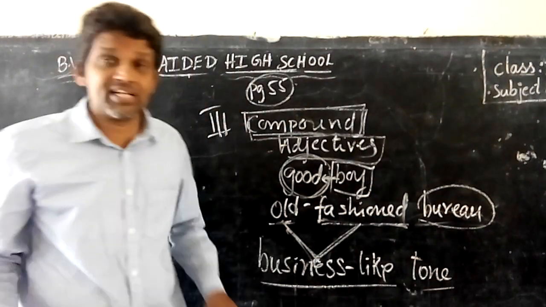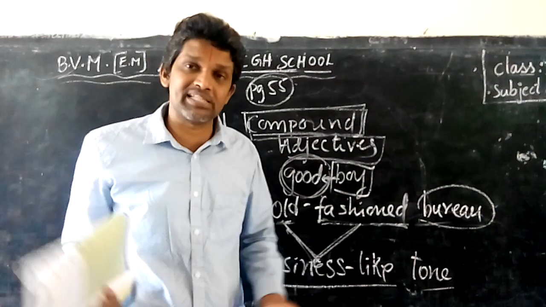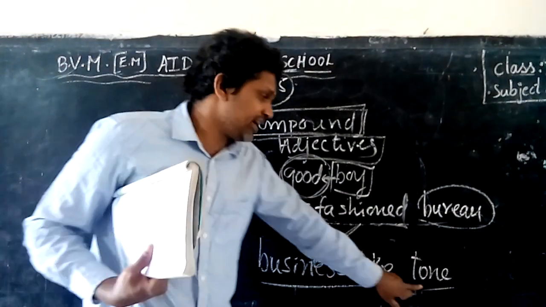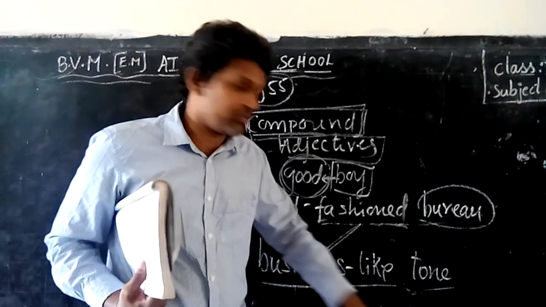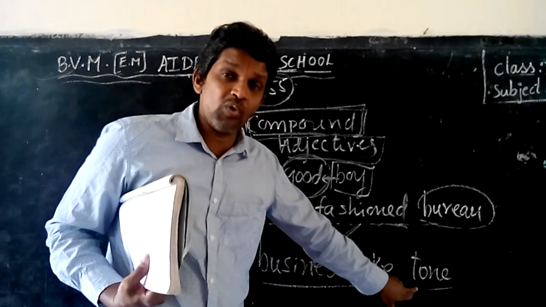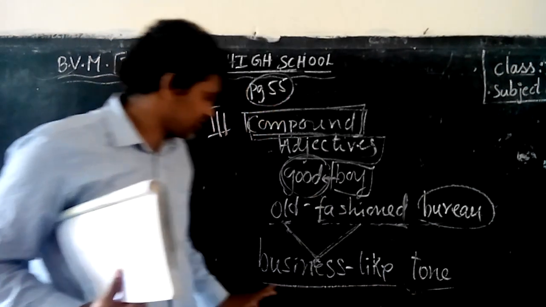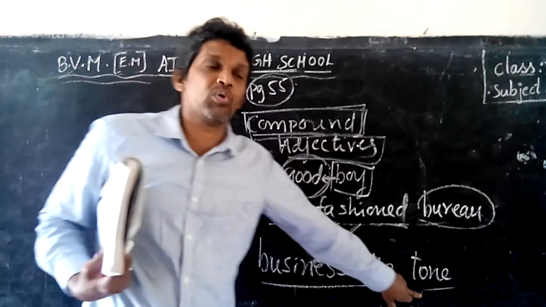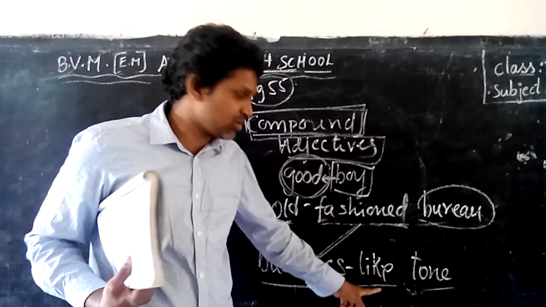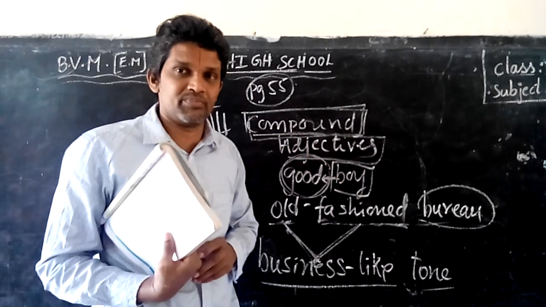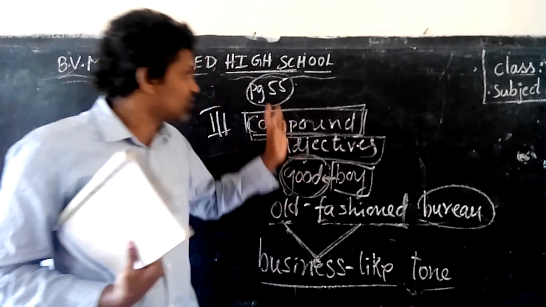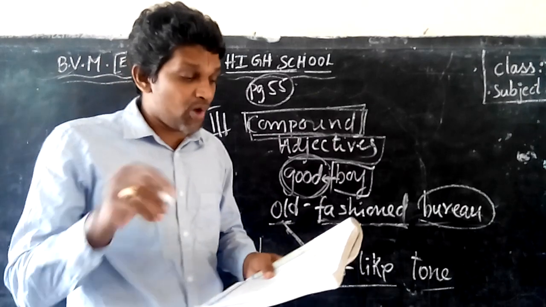If you don't write the noun there, you can't understand what is an adjective and what is a noun. Here tone, voice, sound is a noun. So how did she talk? She talked in a business-like tone. So business-like is a compound adjective. Here we are learning about the compound adjective.